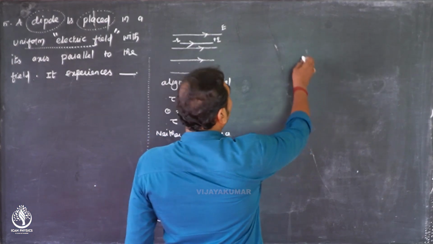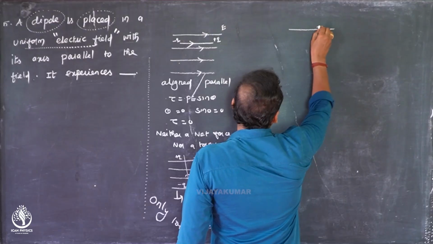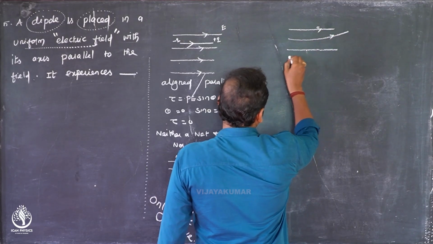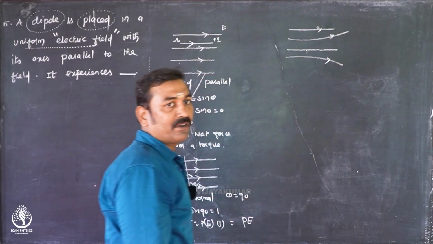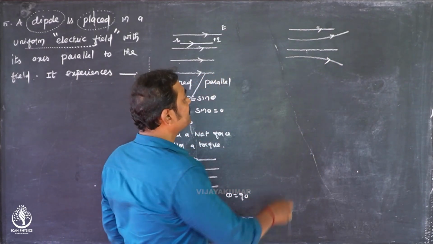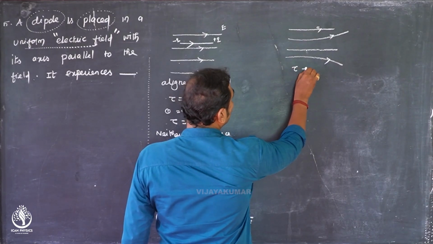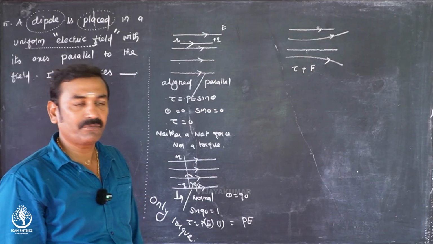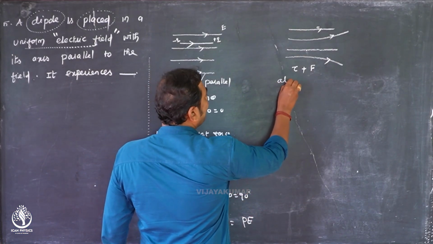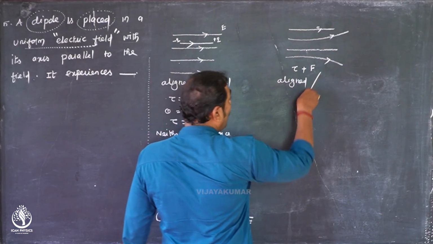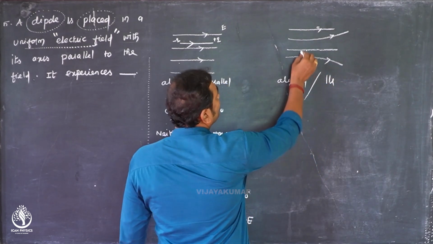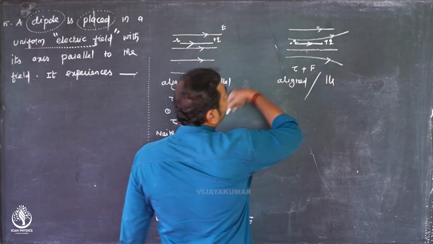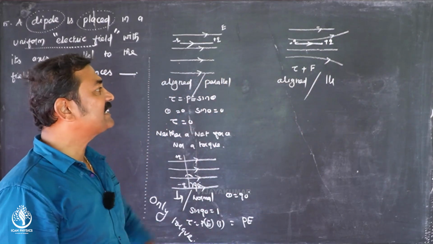On the other hand, when it is placed in a non-uniform field, in addition to the torque, it experiences a force. Here you can see it aligned or kept parallel. Suppose we consider minus q and plus q of dipole moment P when it is aligned.